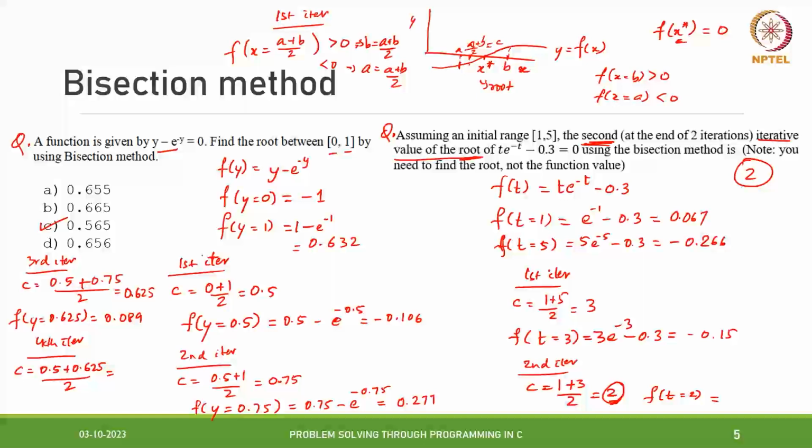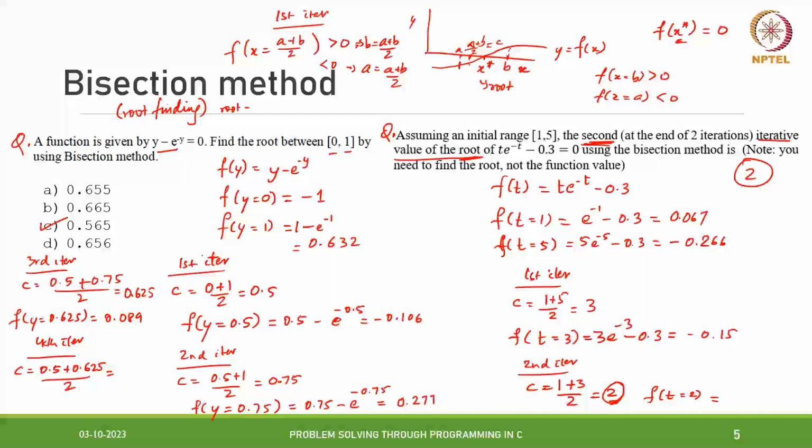Now what we did is we took the initial values of 1 and 5, and we calculated the value of these functions, and we found out that one was positive and one was negative. Now the bisection method is a root finding method. You can find the roots of a function. What do you mean by a root?